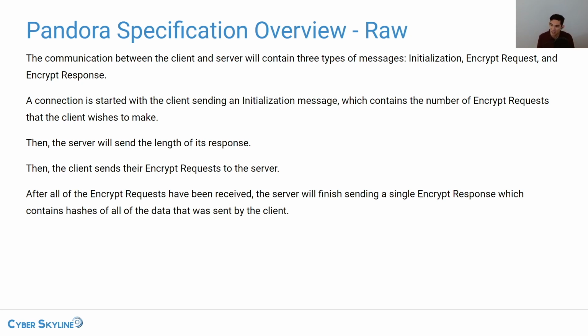It doesn't actually say what the server is doing other than the fact that it sends back a hash. If I had to guess, well, I created it, but if I had to guess as a normal user going through this, I would say that what seems to be happening here is that a client will send some data to the server, the server will encrypt that data, maybe it'll store that data, and then it'll send back hash responses so that the client knows that the data was saved.